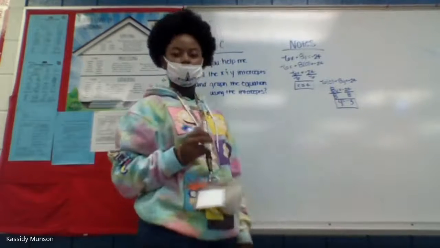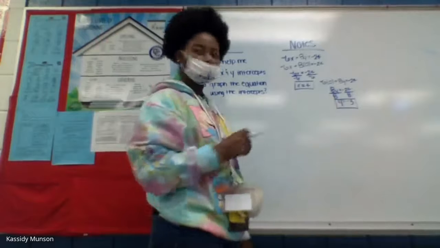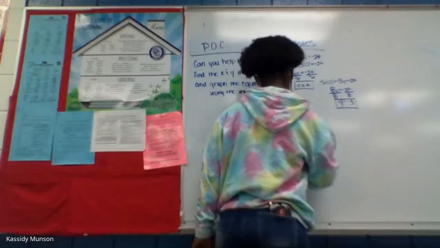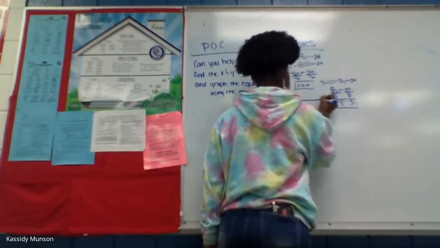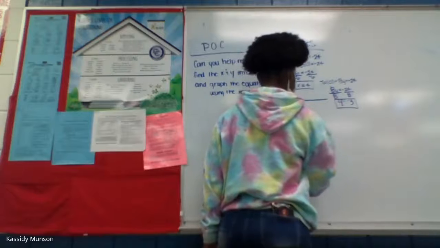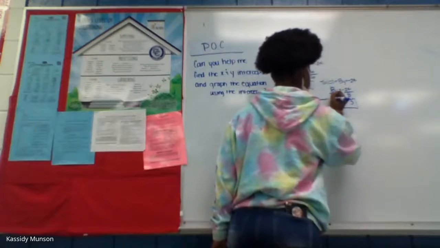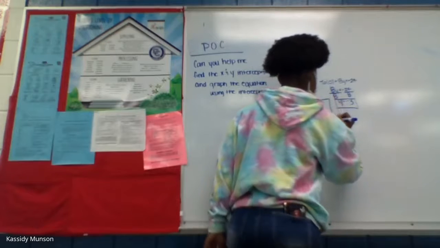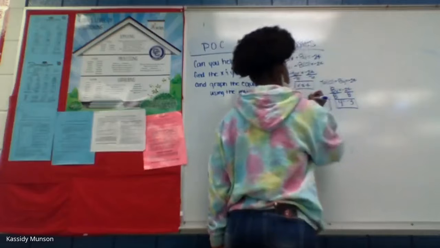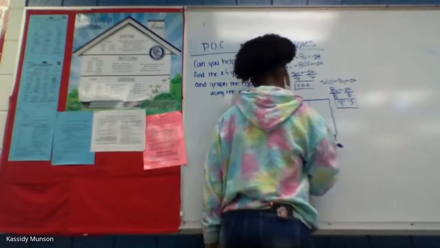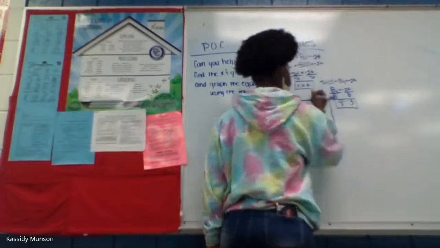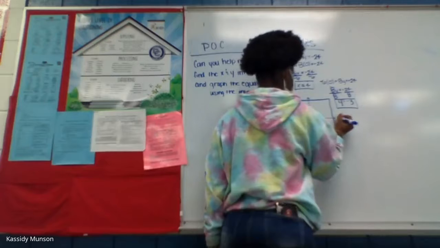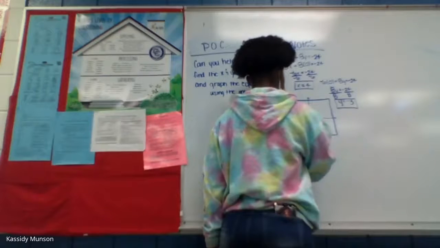So now do I draw my graph? It's a straight line. Vertical is the y axis and horizontal is the x axis. And that's how I got my answer.